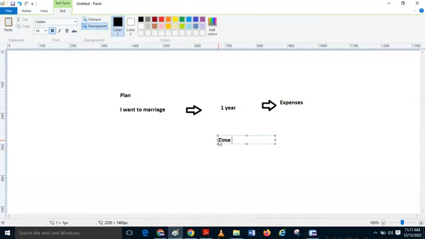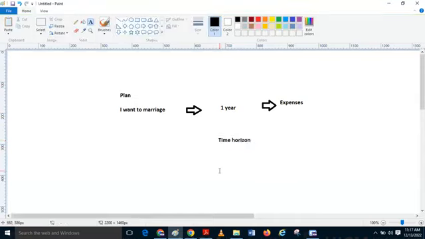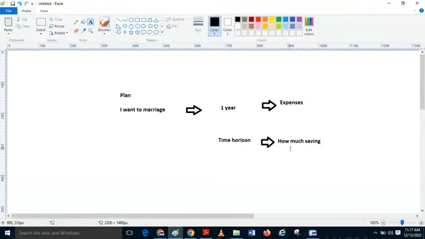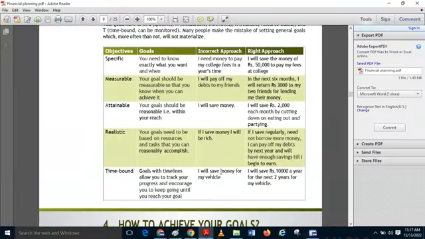First thing is my time horizon: if I want to achieve my target, what is my time horizon? Second thing is how much money I will be saving to achieve that goal. Two things should be there: time and how much money I will save.